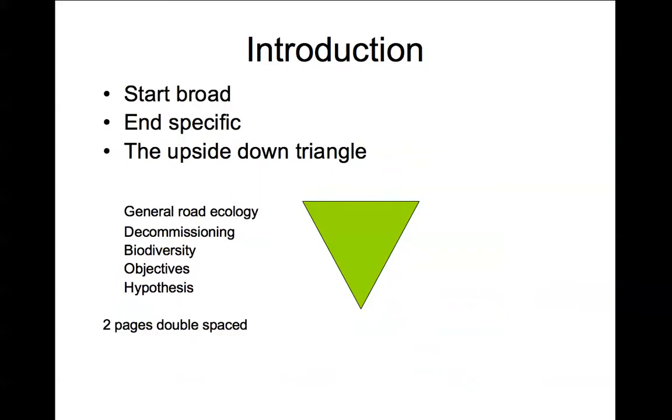Remember to start broadly and end specific. I think of the upside down triangle. So if I use the project that's up on the website, road decommissioning, and highlight that we showed you guys a little bit about the roads up there, I think of maybe starting the introduction like this: general road ecology. What do we know about roads?